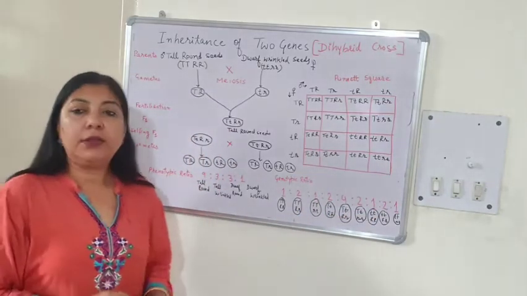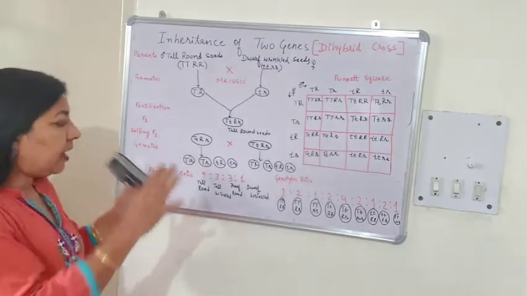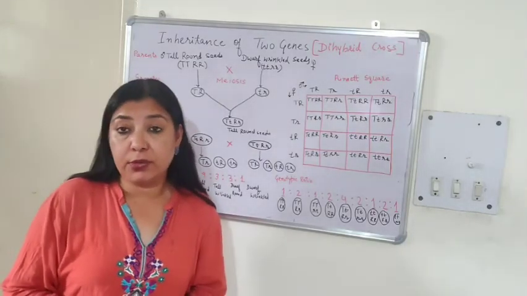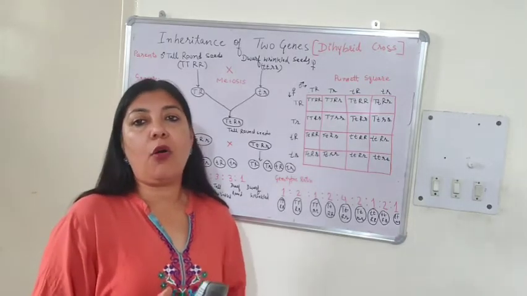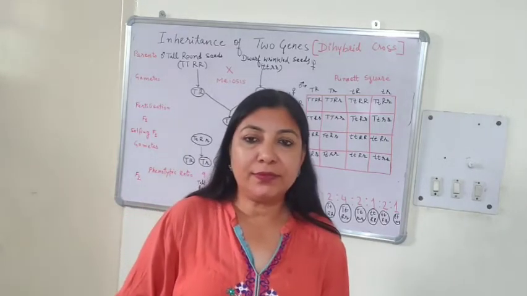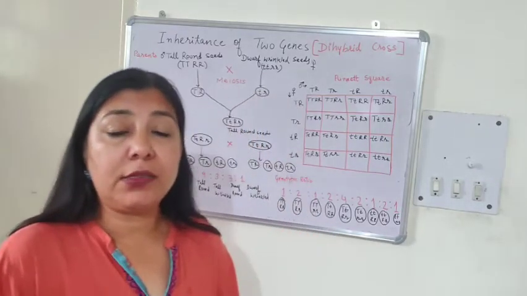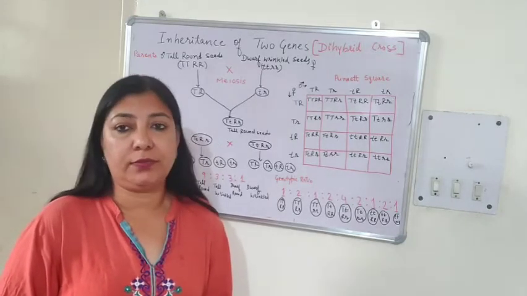This is called genotypic ratio. So after studying these ratios, he proposed the third law of inheritance. What was that? That law was law of independent assortment.